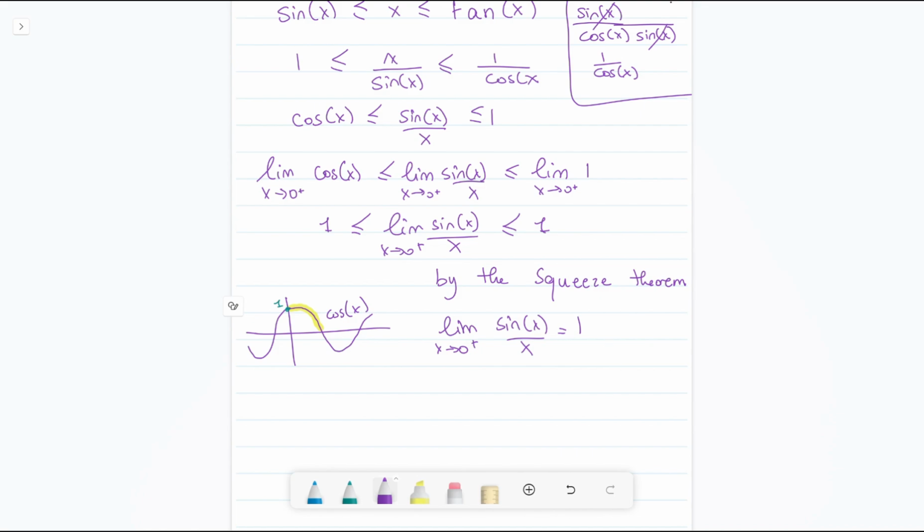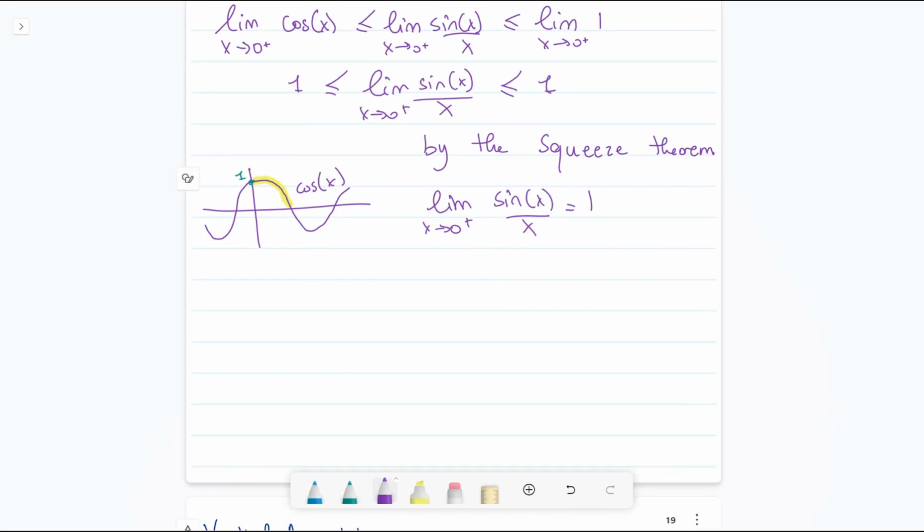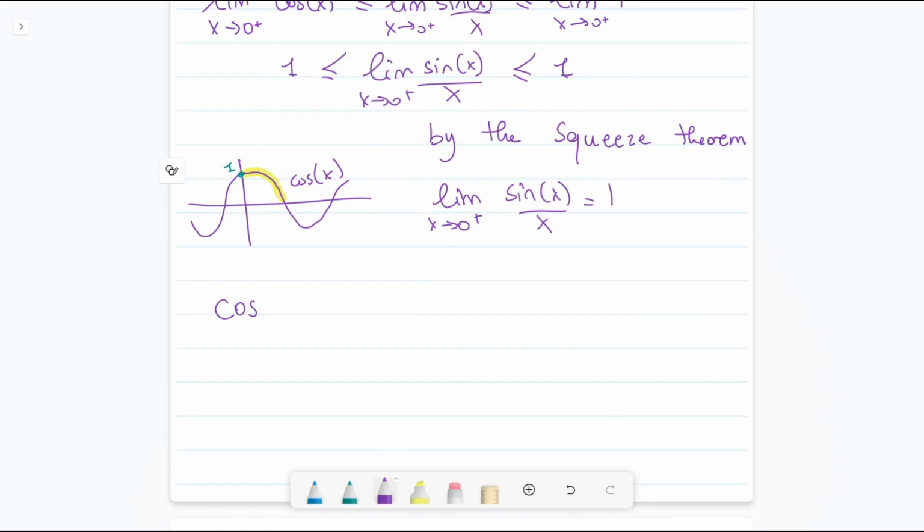A similar argument is used to prove it as x approaches 0 from the left, because one thing to note is that cos of negative x is equal to cos of x, so we will get the same answer even if we're working from the left.